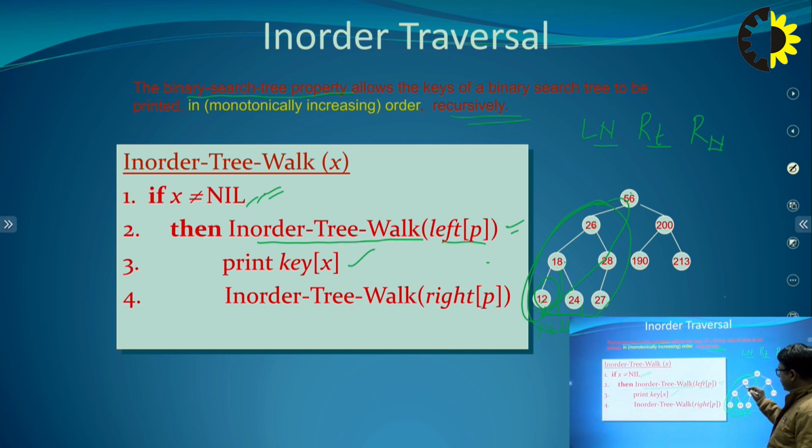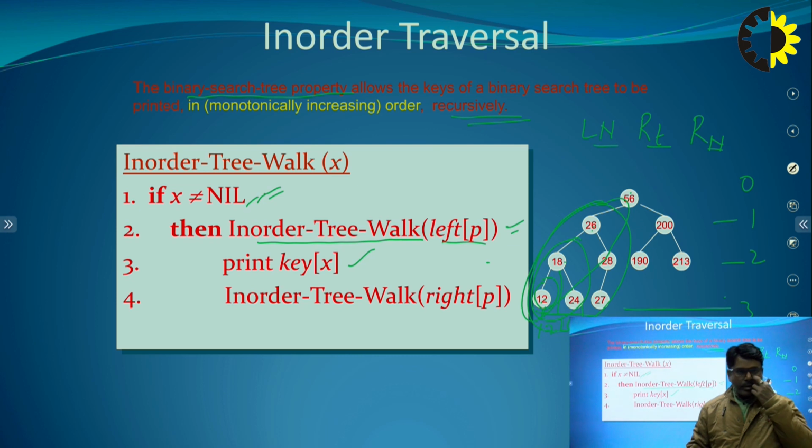Again, when it comes to the root node of that subtree, we compare. Again, it is less than the root node, so we search the next subtree. This process will continue till we reach the last level, and this level will be the terminal node if we are searching for 12.